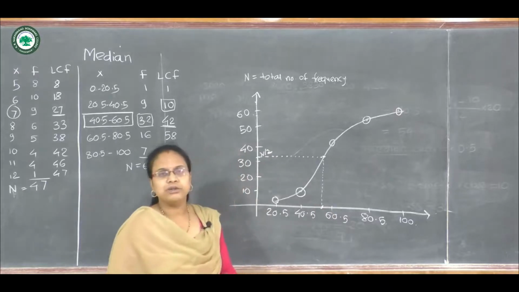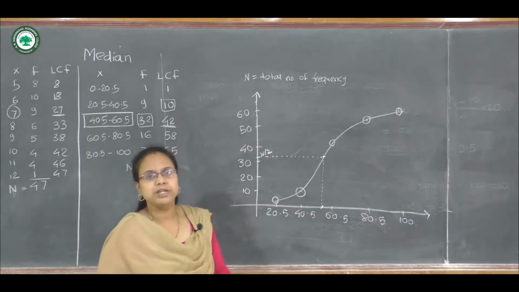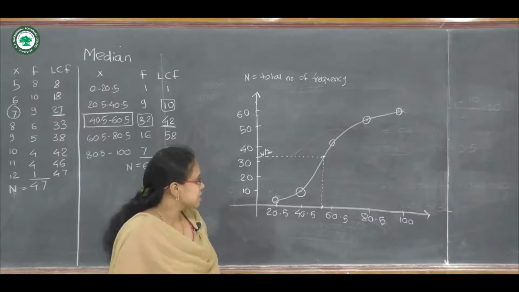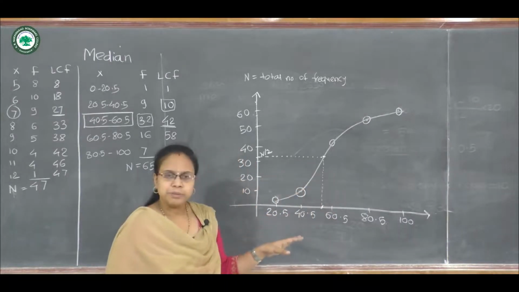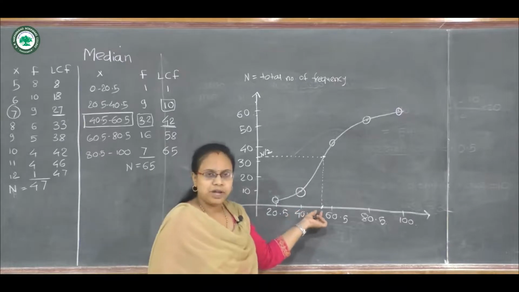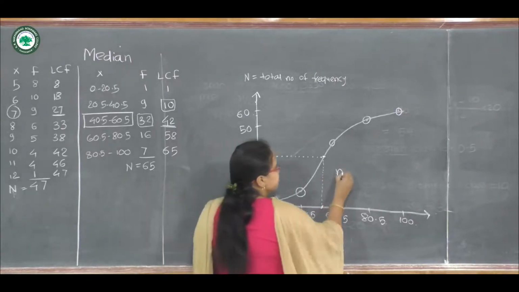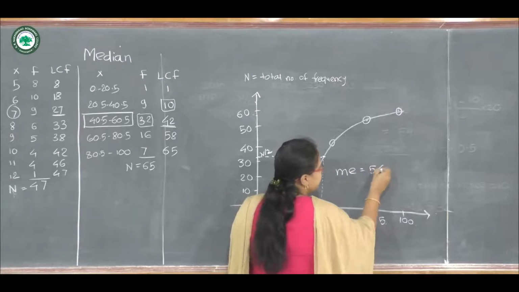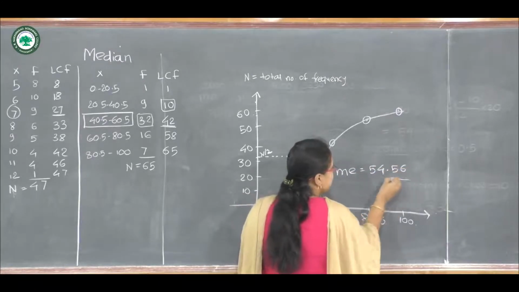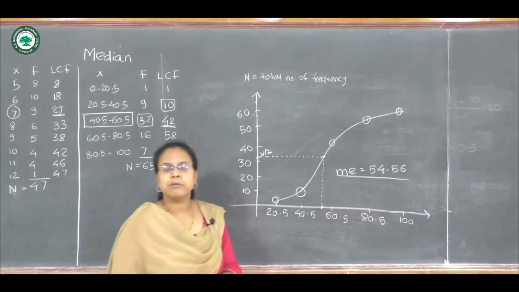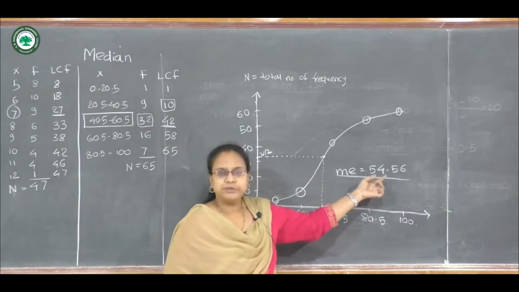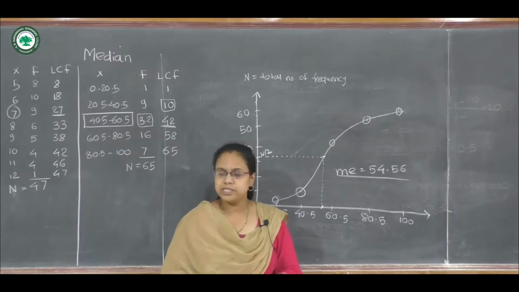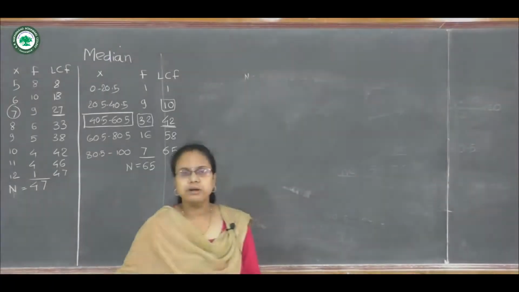Actually we have calculated this median. This is 54.56. If you draw this curve on graph paper, then you will get the exact value. So the median is 54.56. We can check this from our regular calculations. So we will get median 54.56. This is all about the median.